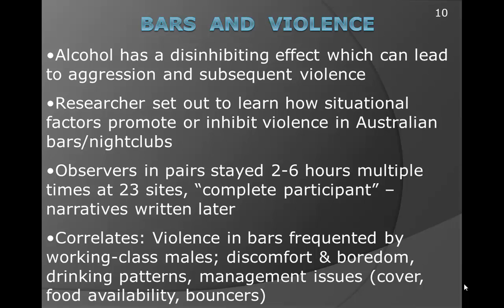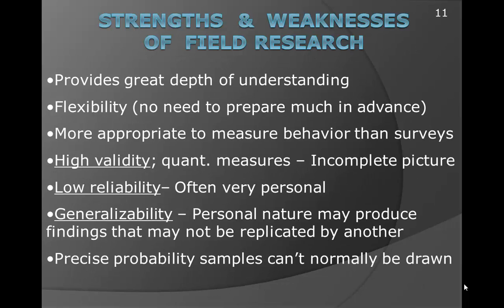Okay? They were complete participants, so they wrote up their narratives later after they were finished. They looked at correlates: violence in bars frequented by working class males, discomfort and boredom, drinking patterns, management issues like cover, food availability, bouncers, and that sort of thing.